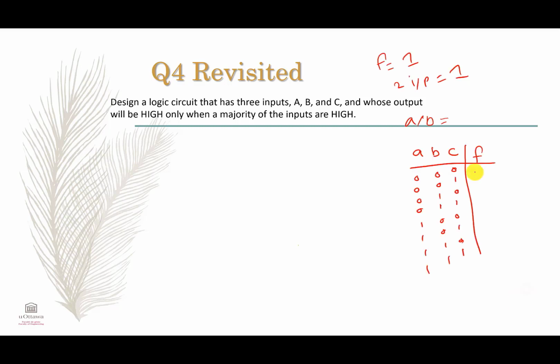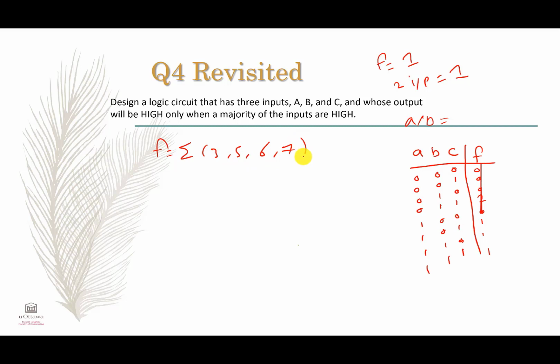Which in our case will give me 0, this will give me 0, this will give me 0, this will be 1, equal to 1, will be equal to 0, this is 1, this is 1, and this is 1. So the function f can be rewritten as the sum of 3, 5, 6, and 7.